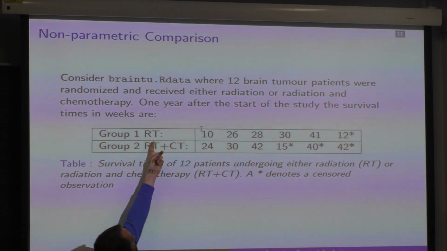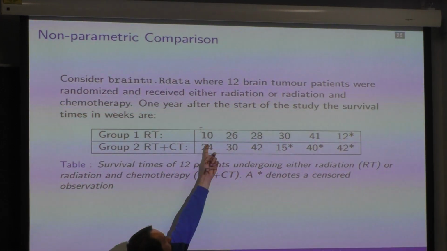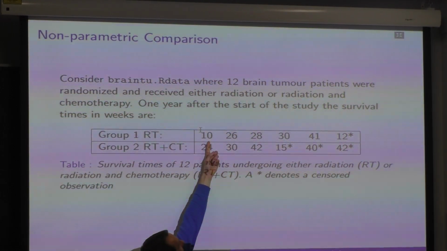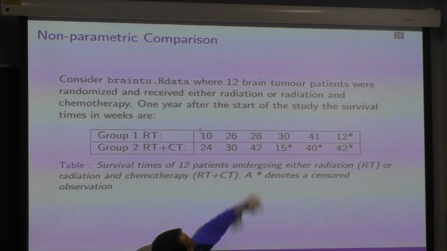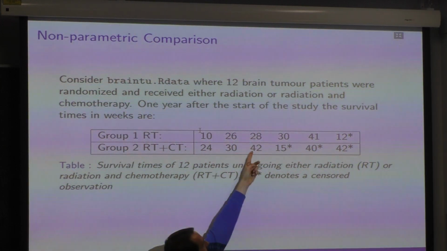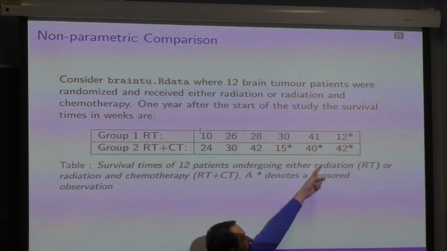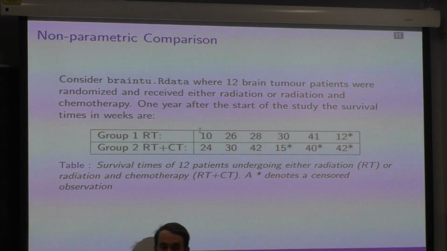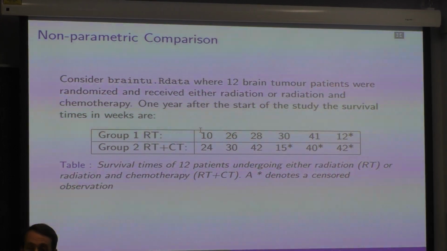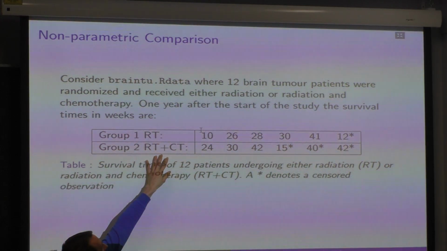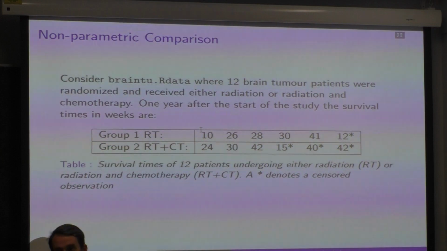Okay, so in my radiation therapy group, somebody died after 10 weeks, somebody died after 26 weeks, 28, 30, 41, and then this individual I lost contact with after 12 weeks when they were still alive. Okay, and then radiation therapy and chemotherapy, slightly different.